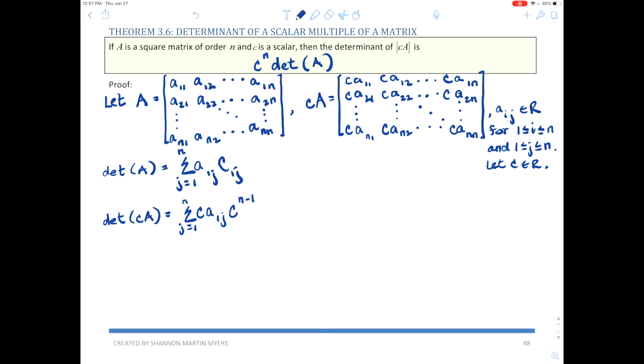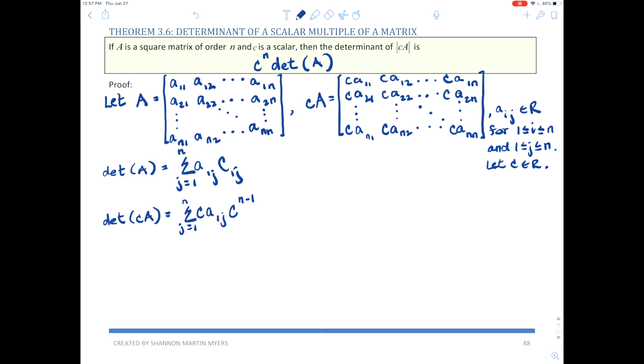So what will happen is the C that's attached to our cofactor is going to be raised to n minus 1, because remember that you don't include the entry that you're on. So when you're looking for the cofactor for entry A1j, you're going to delete that entry, aren't you?